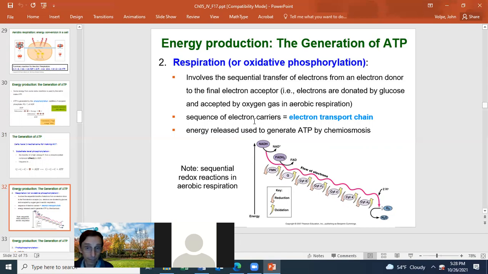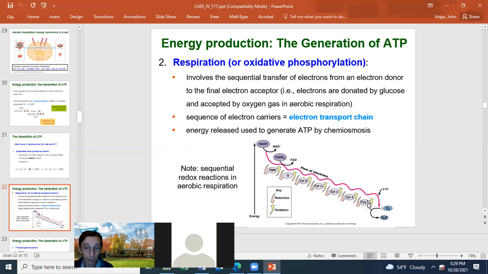And this is called an electron transport chain because the electrons flow from one molecule and then to the next, and then to the next, and then to the next. It's not showing, but these electrons start from glucose. And we'll show it in just a little bit. Those electrons then move to NADH, and then they're given to this molecule, which you don't need to know, and then to this molecule, et cetera, all the way down the chain.